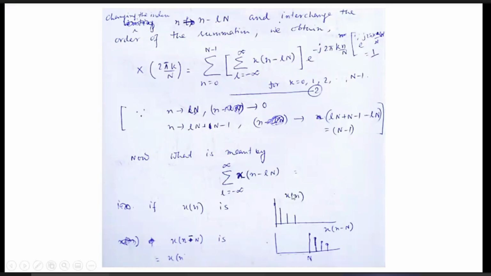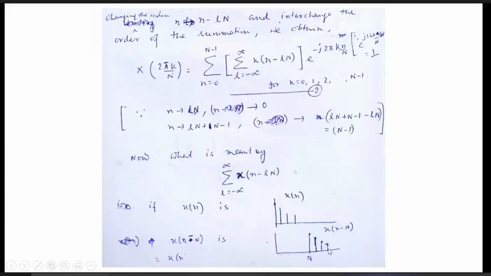Graphically, it is shown that if your original signal x of n contains only 4 points, we delay it by N units, so it becomes x of n minus N. If we add these two, xn plus xn minus N, it becomes this.